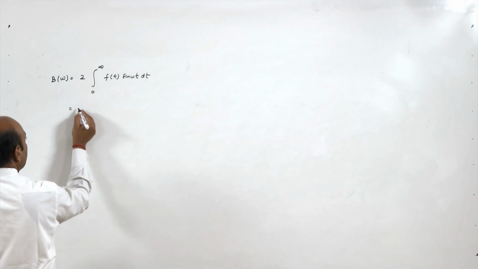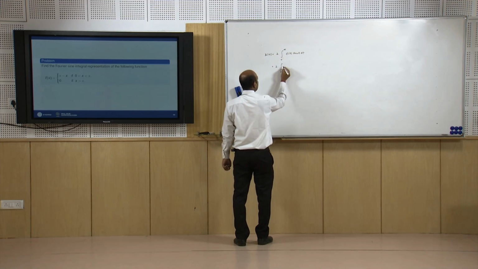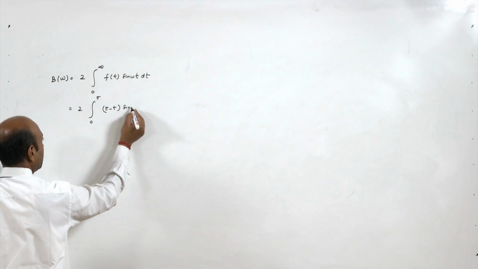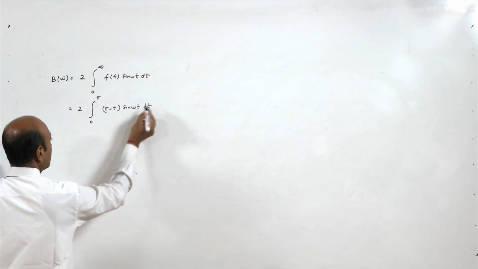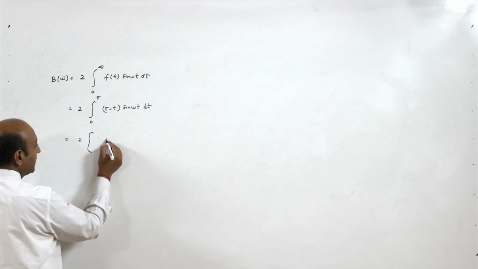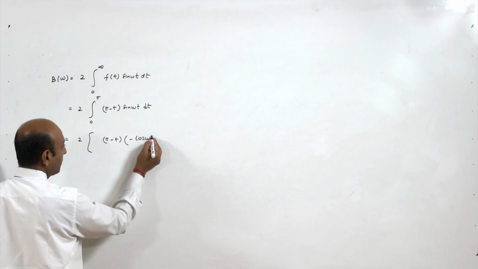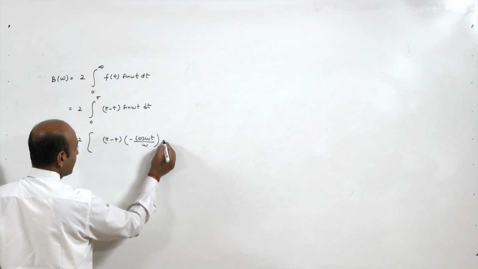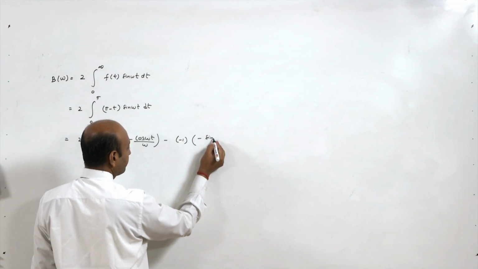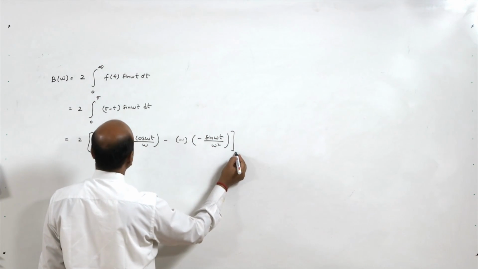That will be 2 times the integral from 0 to pi, since it is only defined from 0 to pi, of (pi minus t) sine omega t dt. You can integrate it very easily by integration by parts: pi minus t times minus cos omega t upon omega, minus the derivative of this and the integral of this, from 0 to pi.